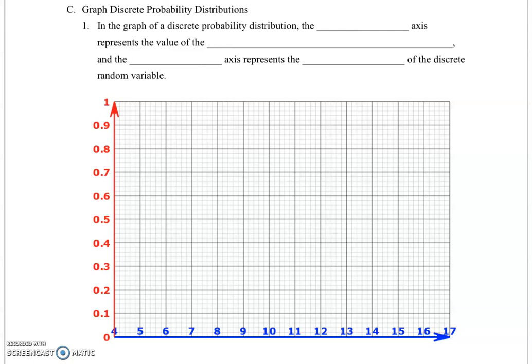Okay, let's talk about graphing the discrete probability distribution. So, in the graph of a discrete probability distribution, the horizontal axis represents the values of the discrete random variable.